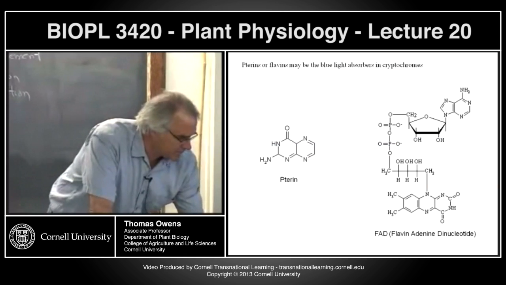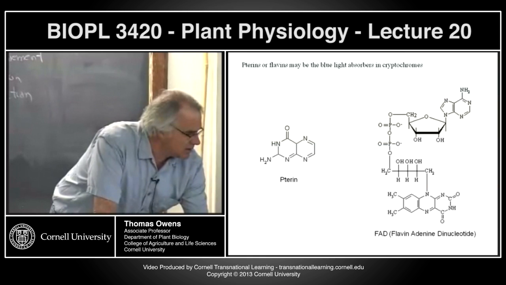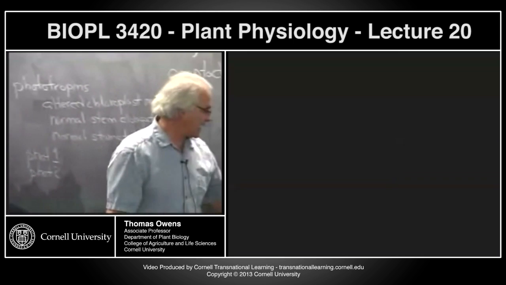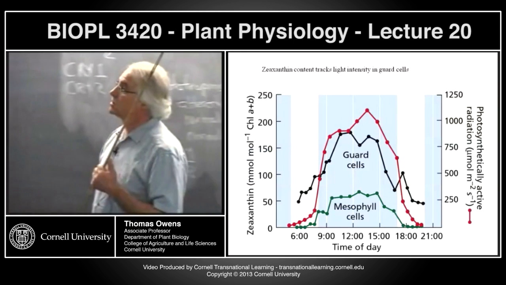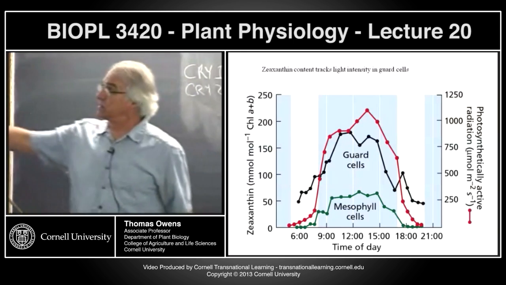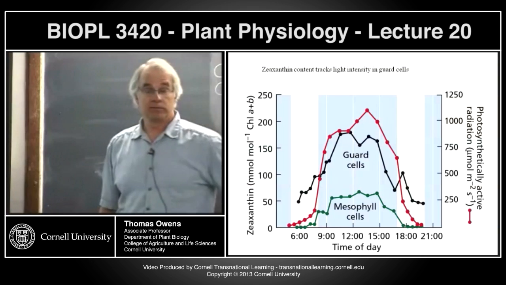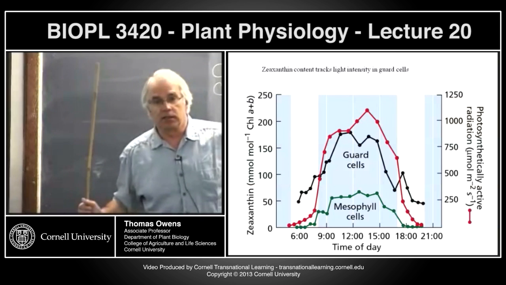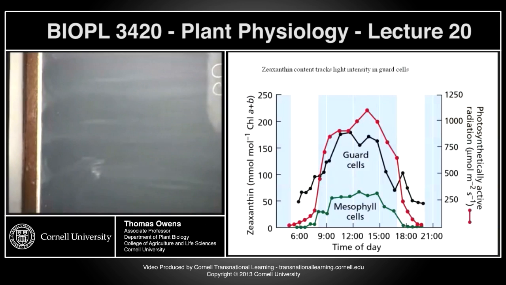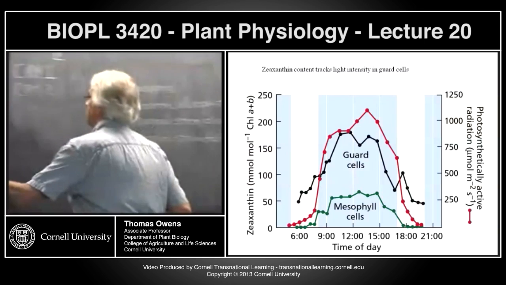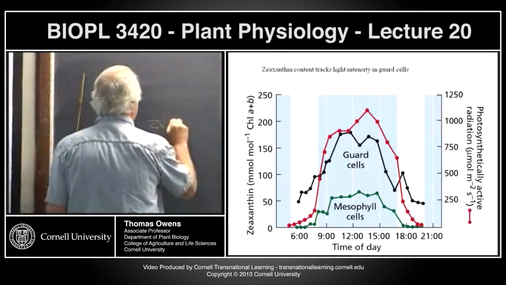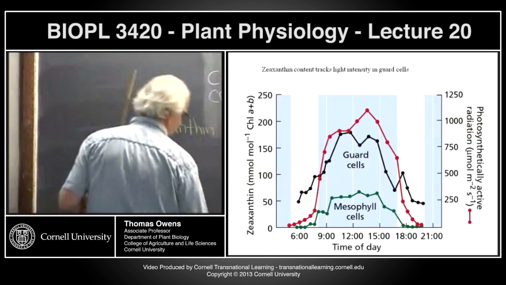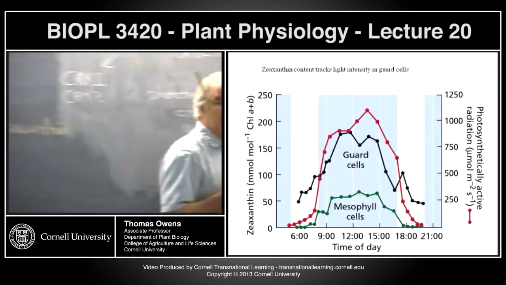And let's see. This is what I wanted to go to. So this is a picture from your text that shows the red line is light intensity over the course of a day. The green line is the amount of zeaxanthin that accumulates in mesophyll cells. And remember that zeaxanthin, it's a carotenoid that we talked about when we talked about photoprotection.